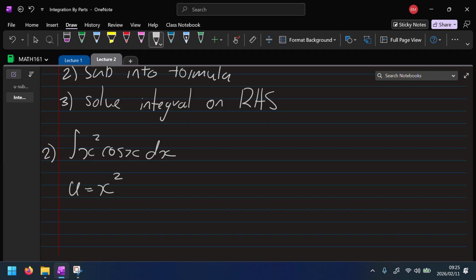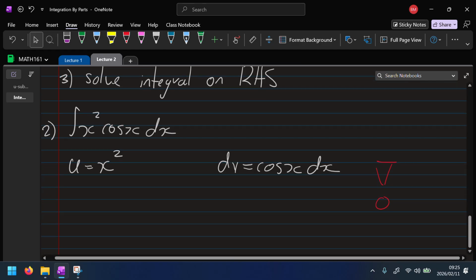Now we picked u, so dv is automatically everything else that appears. And again, I'll put the warning sign because we've got cos x on that side of the table, which means we are integrating cos. So we need to remember the minus signs, which one gets the minus.